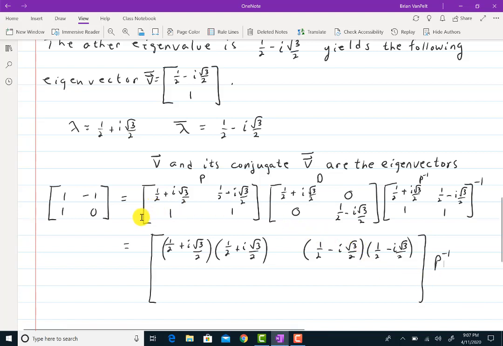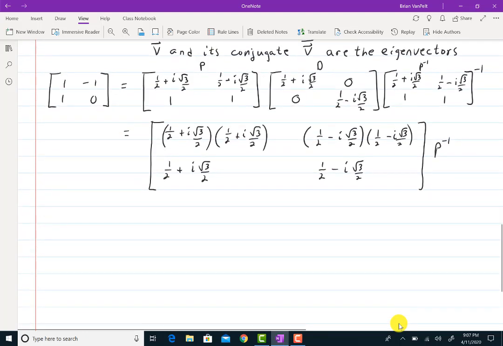Next, when I do this row times this column, that's very simple. I get 1/2 plus i radical 3 over 2. And then when I do this row with this column, I get 1/2 minus i radical 3 over 2.